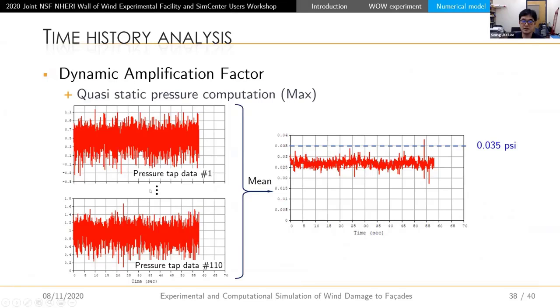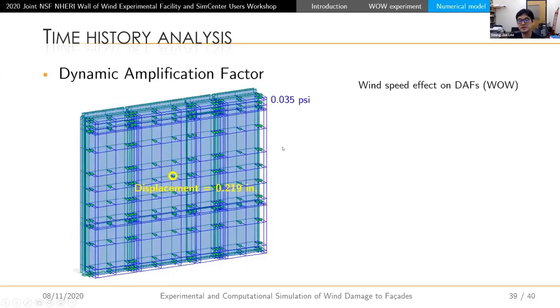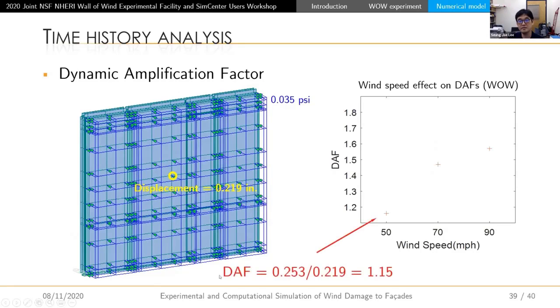So we could get the mean pressure time history from the pressure tap data. We estimated the mean max of this mean pressure as 0.035 psi, and applied this as a quasi-static pressure. And then we obtained the displacement at this point of 0.219. And then the dynamic amplification was about 15%. That is pretty much comparable to what we directly obtained from Wall of Wind testing.